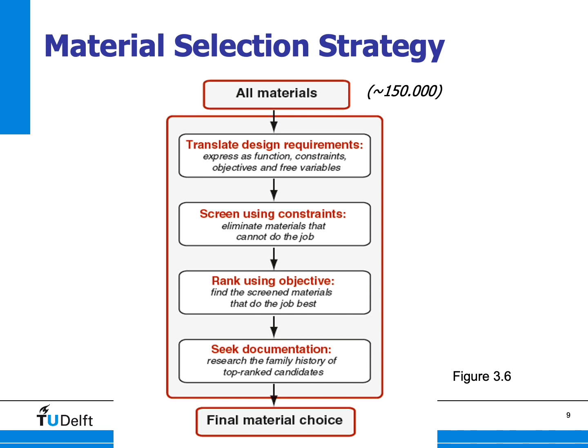And then the last step is to seek documentation. So it's always good to look at the details and research the family history of the top ranked candidates, just to be sure that in terms of all the details that are there, you're making the right final choice.